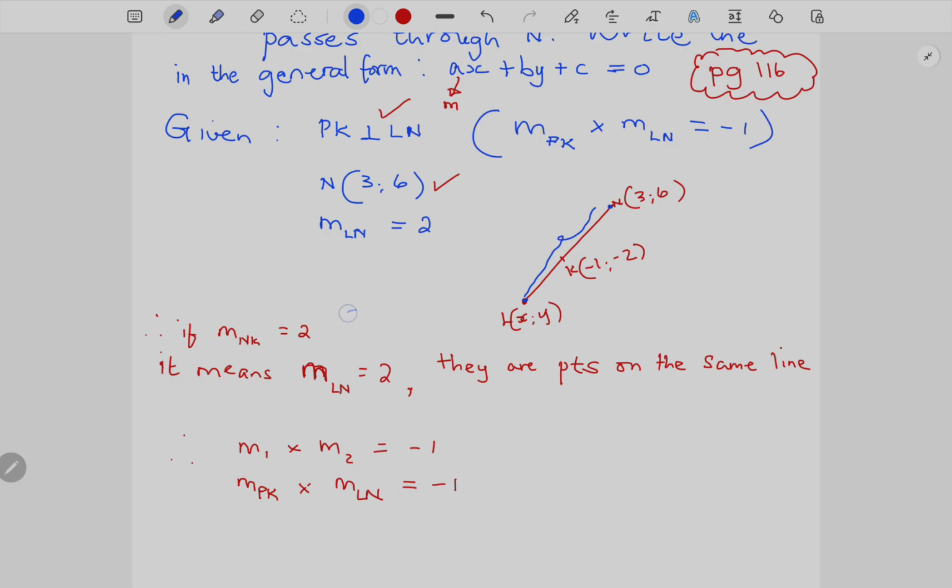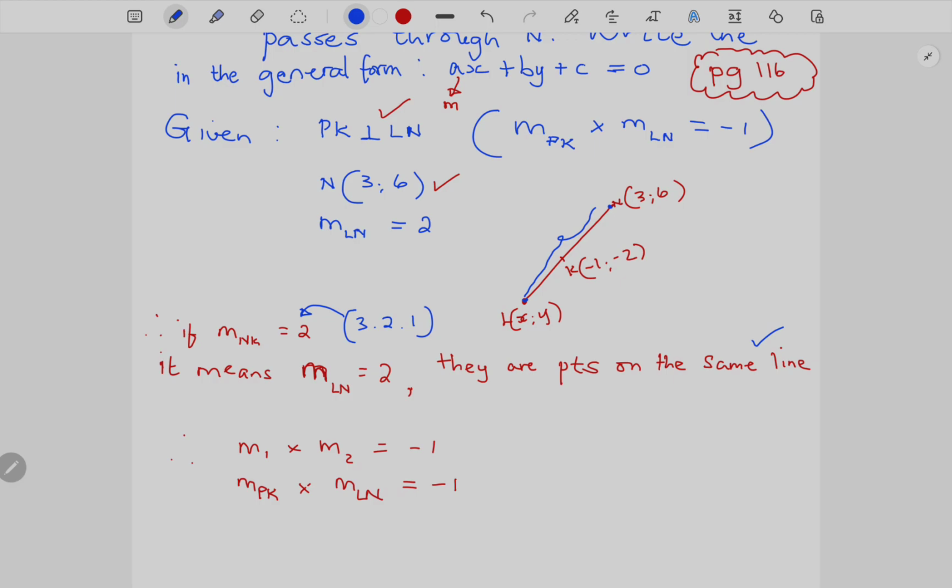So it means that the gradient of LN as well is equal to 2. Why? Because they are points on the same line.